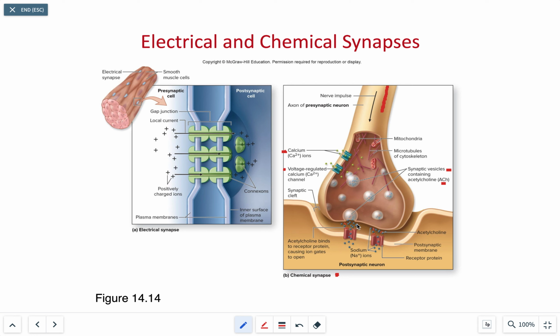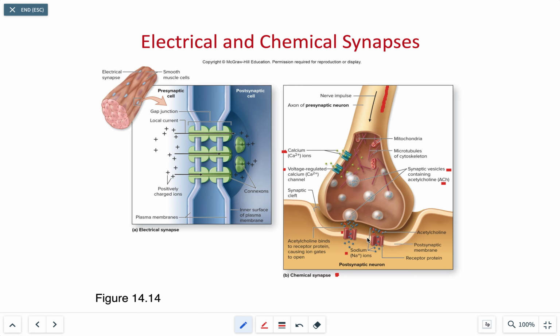into the synaptic cleft. So the neurotransmitters are then going to attach to the postsynaptic membrane, and the influence of the acetylcholine is then going to allow the influx of sodium to come into the postsynaptic cell.